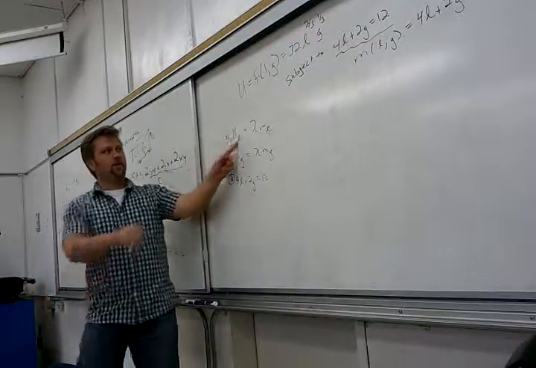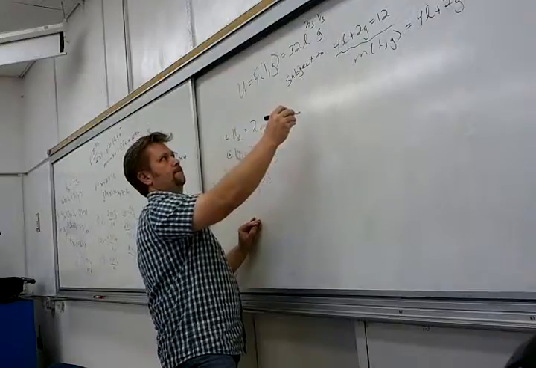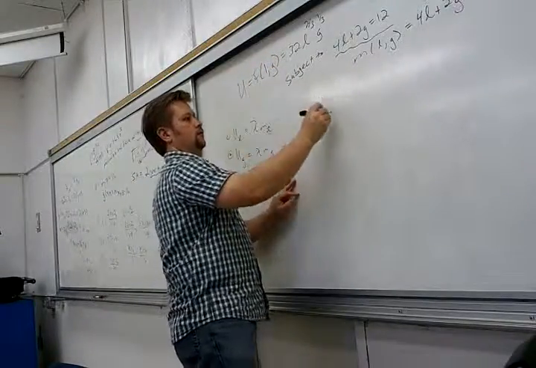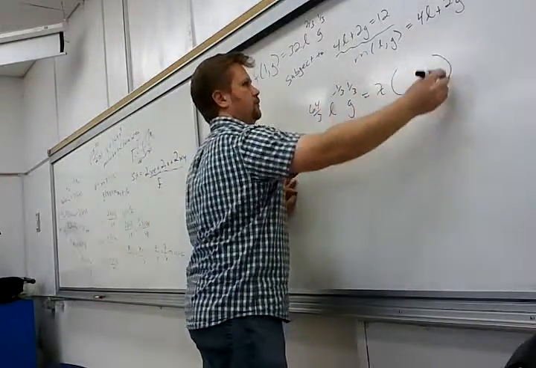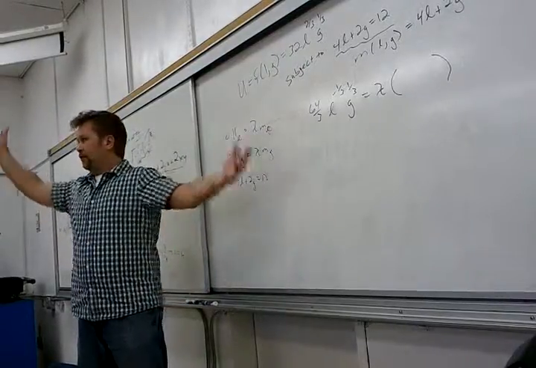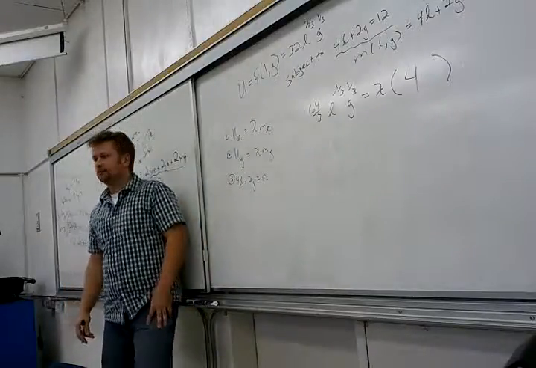What's U_L? 64 thirds. Good, 64 thirds, L to the negative 1/3, G to the 1/3 equals lambda times what's M_L? 4. All right, that looks promising.